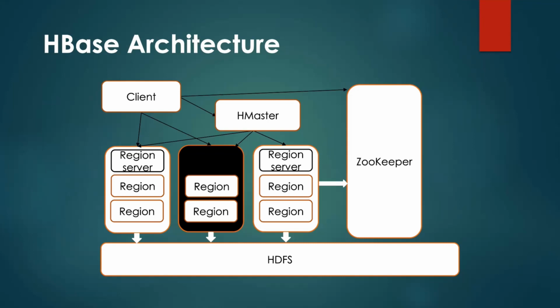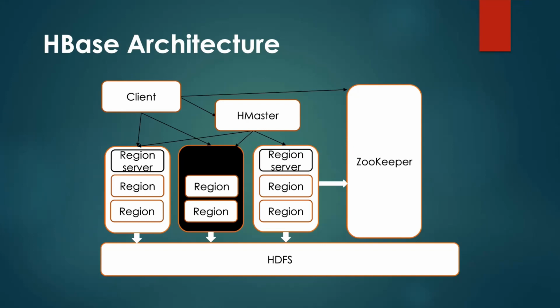HMaster is like a cluster operating system which takes care of assigning regions, balancing load, and splitting, whereas the Region Server works as a host for tables and performs read and write data operations. The HMaster detects the status of the Region Server and assigns regions to it, and the Region Server performs the read and write operations. Clients can communicate with the Region Server in order to read and write data.